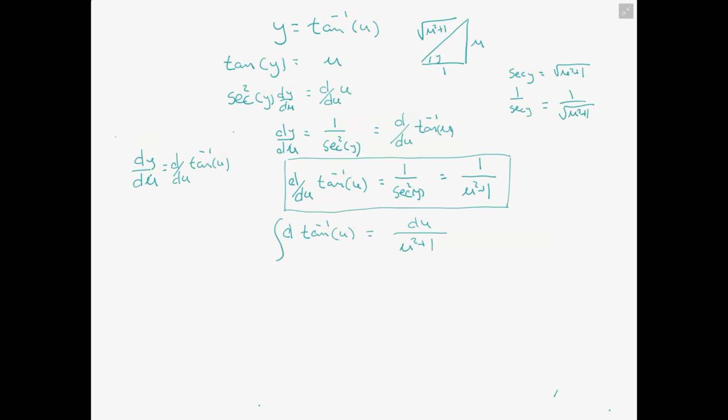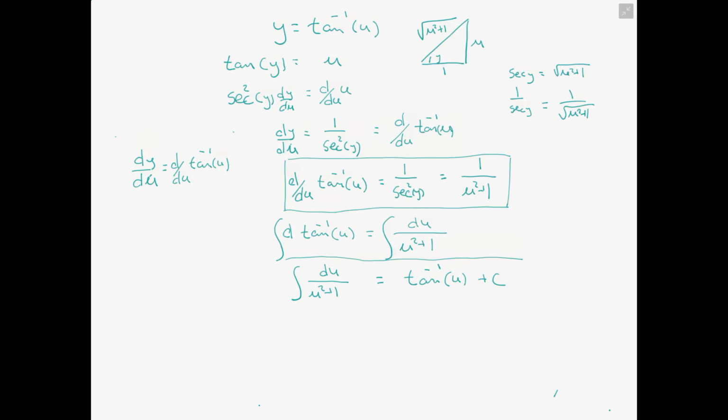But then let's say we have d arctangent of u equals du over u squared plus 1. And then we took our integrals and we swap sides.